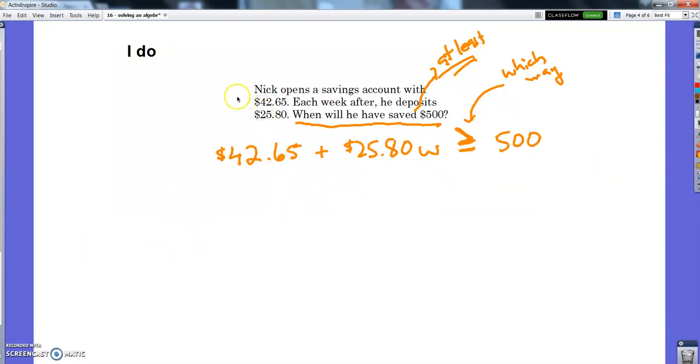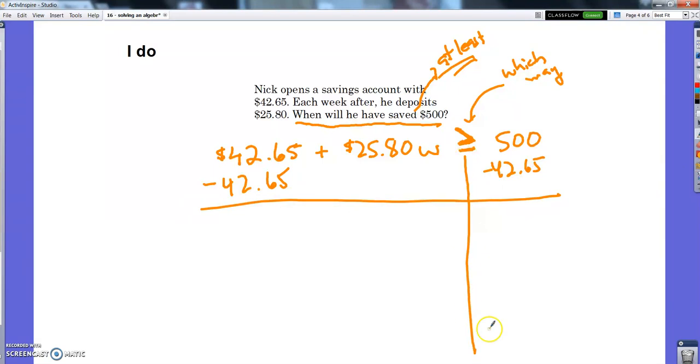So just like in the equation, I'm going to subtract 4265 from both sides. And I'll get 2580 per week has to be more than or equal to 457.35.